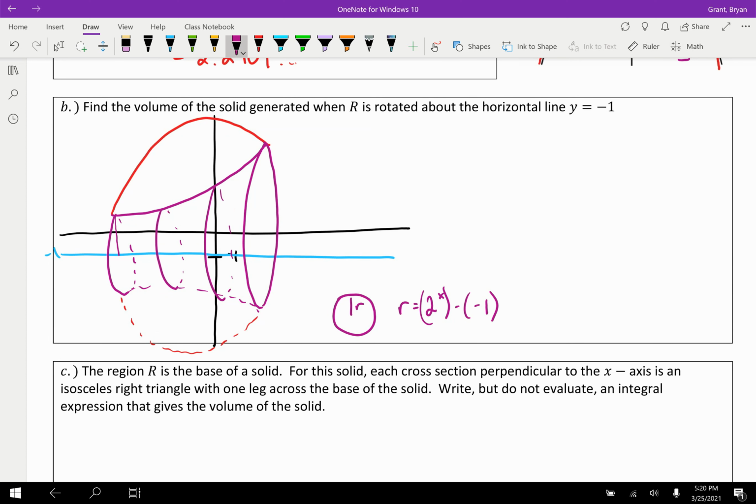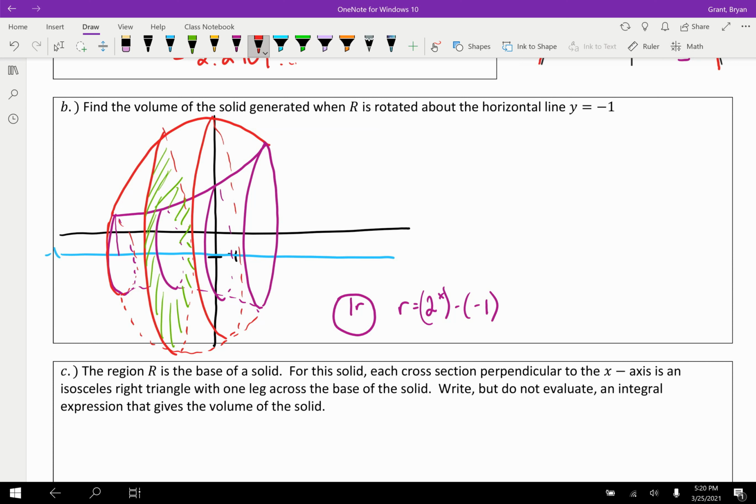All right, let's do the red ones. So the red one is kind of in the same spot here, so that's harder to see, but then we can start to move around like so, right? There we go. And so don't forget that what we're really finding here is the washer like so.